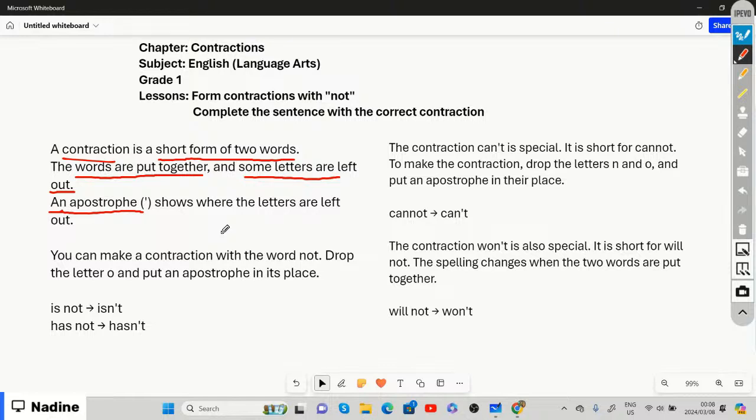Only one apostrophe. We don't add more than one apostrophe for the amount of letters that are missing.